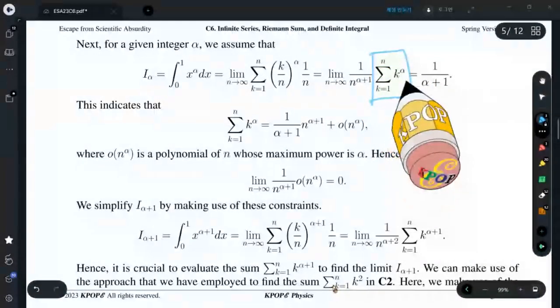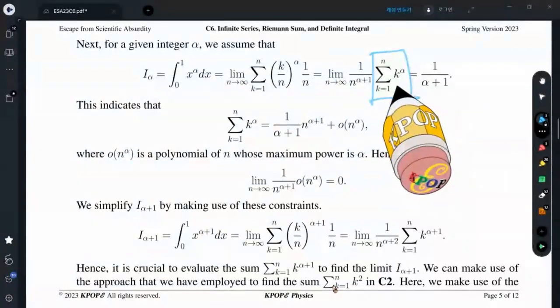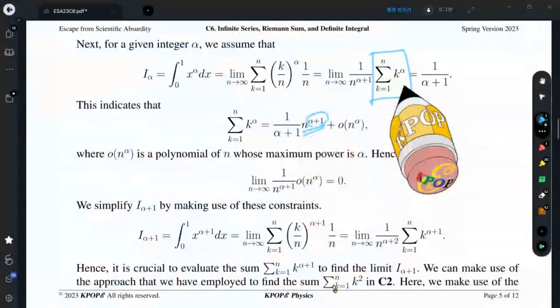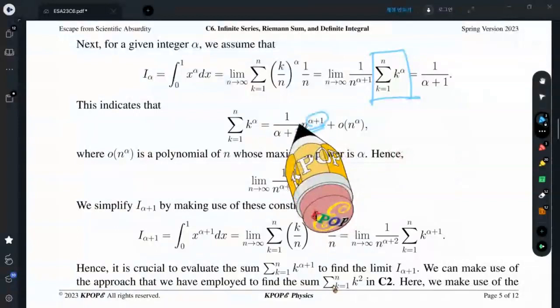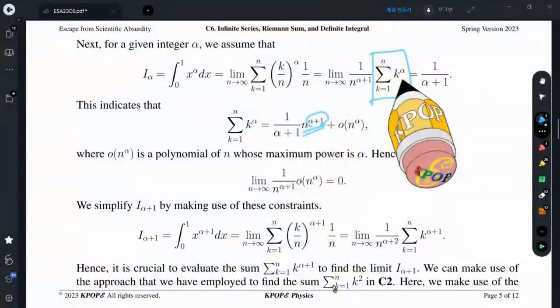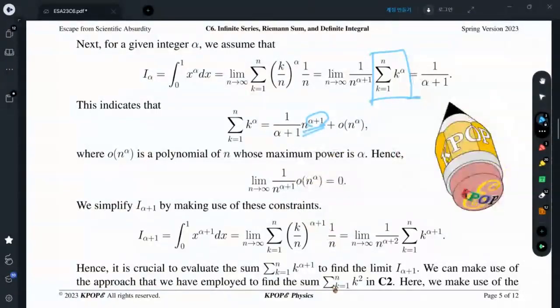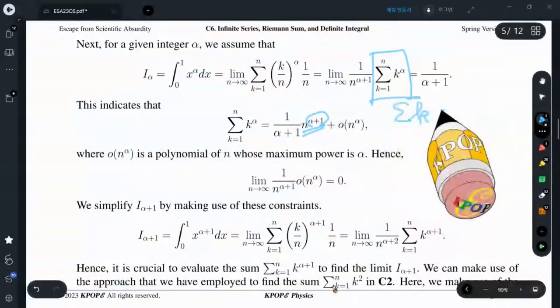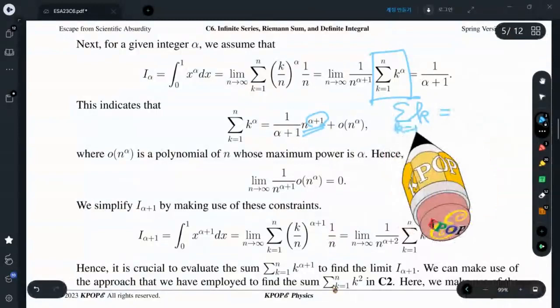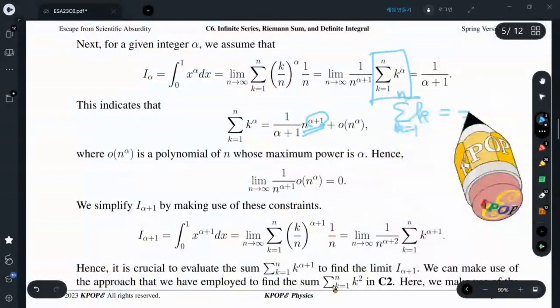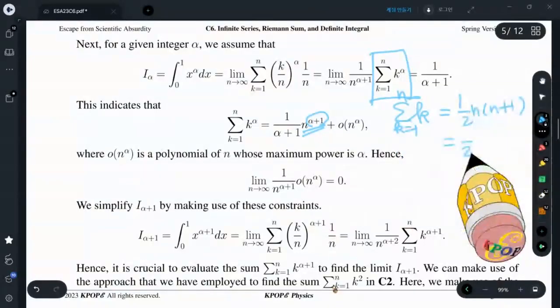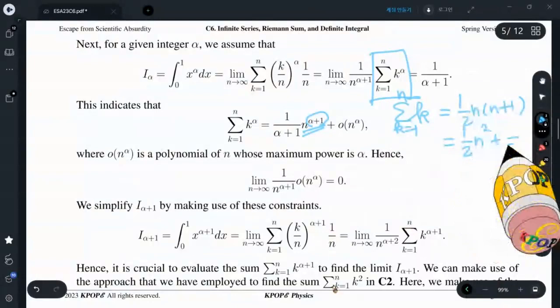What we really need is the dominant contribution. That means the highest power of n in this sum. As we increase n arbitrarily large, the subleading contributions, for example, you have sigma k, where k runs from 1 to n, which is 1/2 n squared plus 1/2 n.